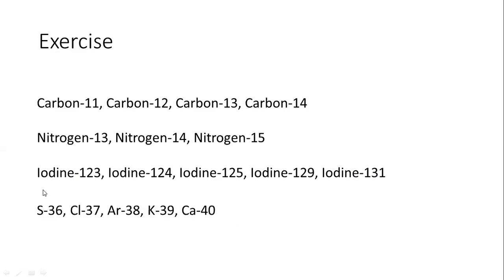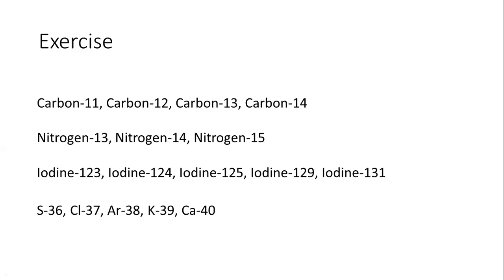This is the last exercise: sulfur 36, chlorine 37, argon 38, potassium 39, calcium 40. If I ask you to differentiate which ones are isotopes, isobars, isotones, or isomers, what would your answer be? If you are not getting the point, you can calculate the number of protons, neutrons, and the mass number.